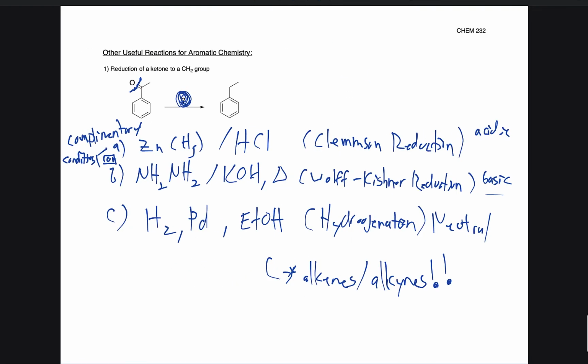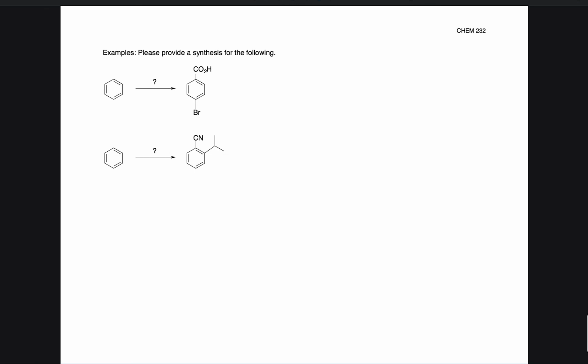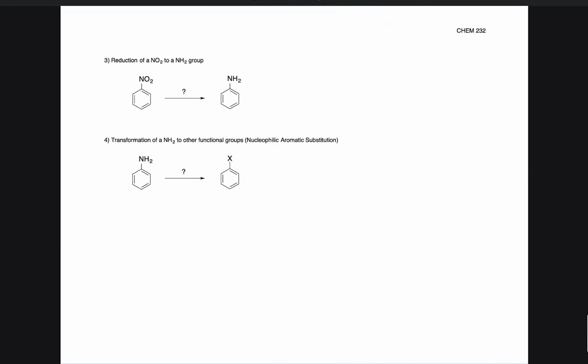Another set of conditions that we can do. These will be the last two we're going to look at for today. We have this, again, another reduction happening from NO2, just to remind ourselves, to an amine. Right, so this is another reduction happening here. These conditions, again, very similar to our hydrogenation conditions.